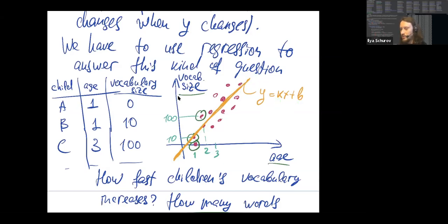Fortunately, we do not have to do it manually, and R will do it for us. It will find the straight line that is, in a sense, the best fit to our data. Of course, not all data points lie on this line, because we don't have perfect correlation between age and vocabulary size.